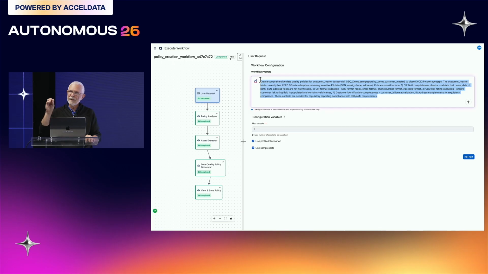It has information that we've built into a knowledge base that understands what those KYC controls are, what they should be. That's what the policy analyzer does. It takes the intent, understands all the information it has, builds out what it should do in terms of a policy. Analyze asset extractor now is going to go look at all the metadata we've collected about your assets in the context and then project the data quality policies that it should build.